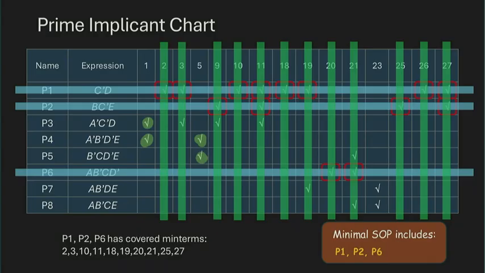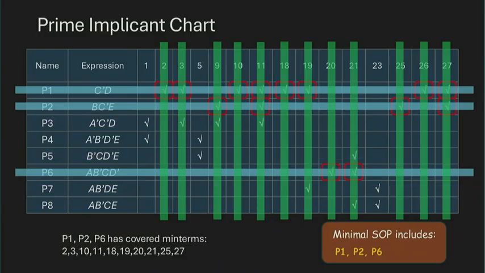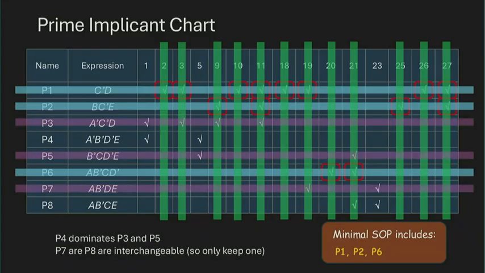So with that, we can get rid of P3 and P5. And you see P7 and P8, they really have the same coverage. So you can say they sort of row dominate each other, or you can say they're equivalent. Either way, you can get rid of one of them. Right. So P3 and P5 are eliminated because of row dominance. P7 and P8, you keep one of them because they're interchangeable.